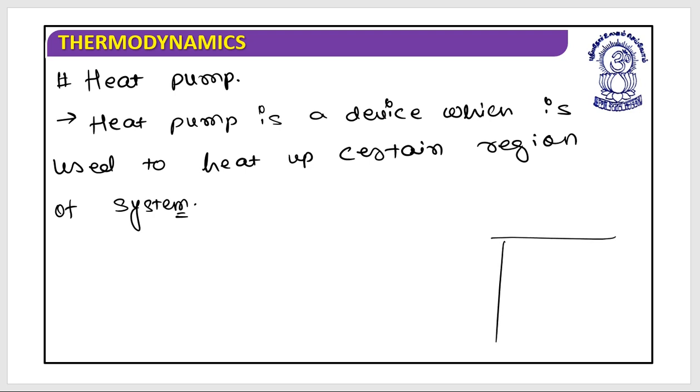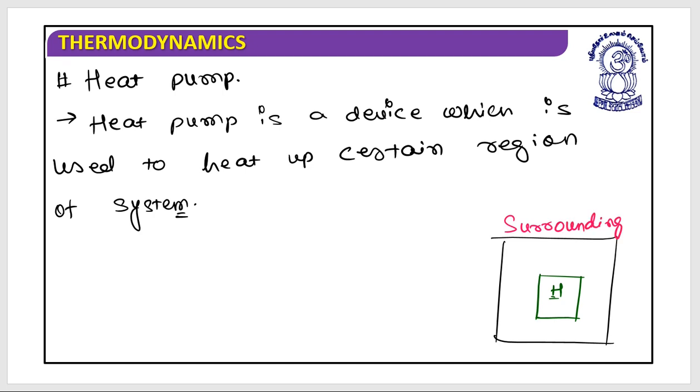First understand the situation, and then we will see how the flow will be. Let's suppose this is the specific room. You want to make the temperature of this room higher. You have installed a heater over here, and this is what we call the surrounding.